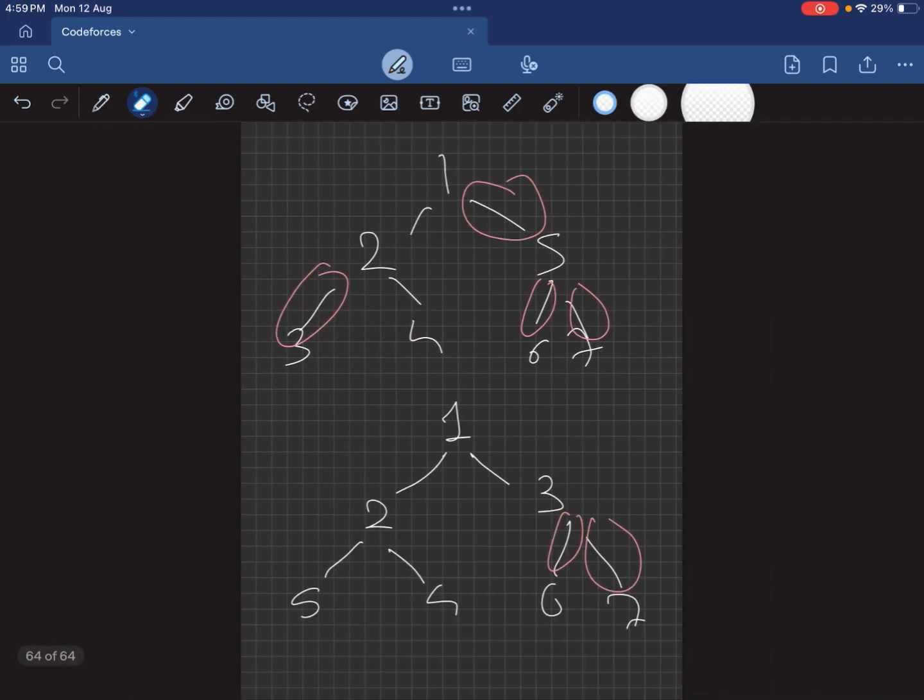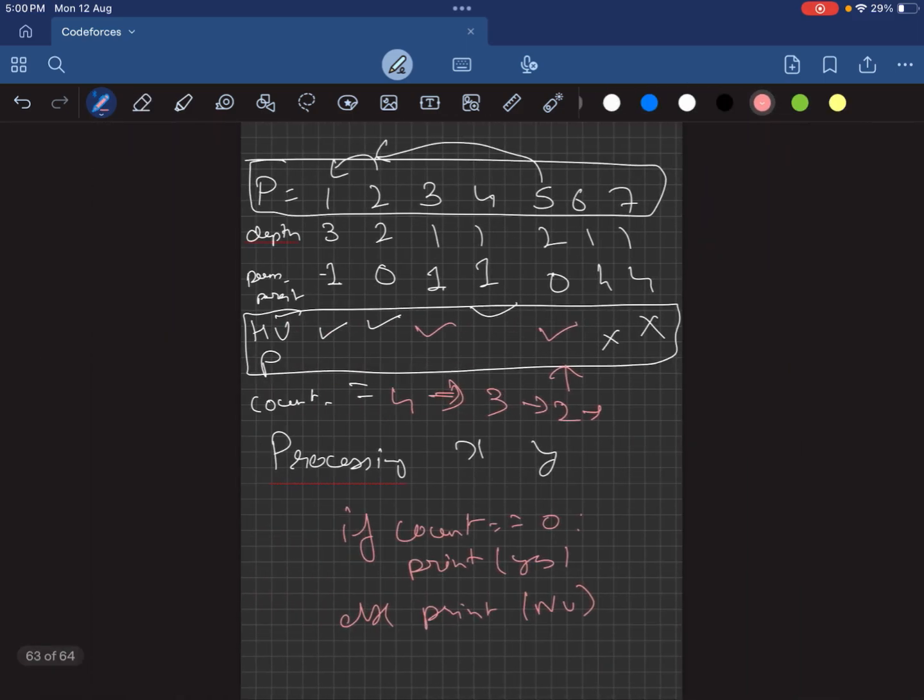Moving on, the valid parents of 6 and 7 are supposed to be 3, and that is also a valid change. So we make even this guy true, and the count will become 0, and it should return yes. So that's how you get this question done. That's it for today. Thank you.